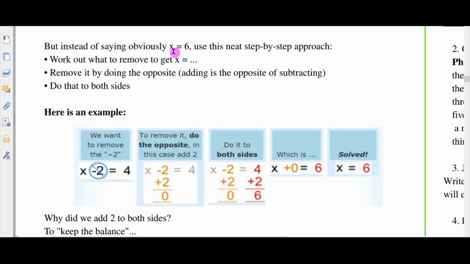But instead of saying obviously x is equal to 6, use this neat step-by-step approach. Work out what is to be removed to get x. Remove it by doing the opposite. Adding is the opposite of subtracting, and do that to both sides.